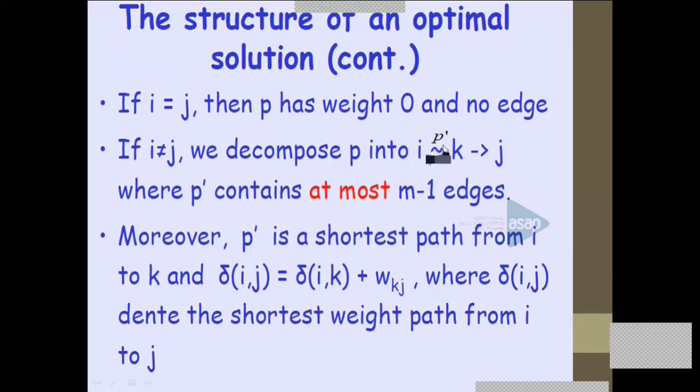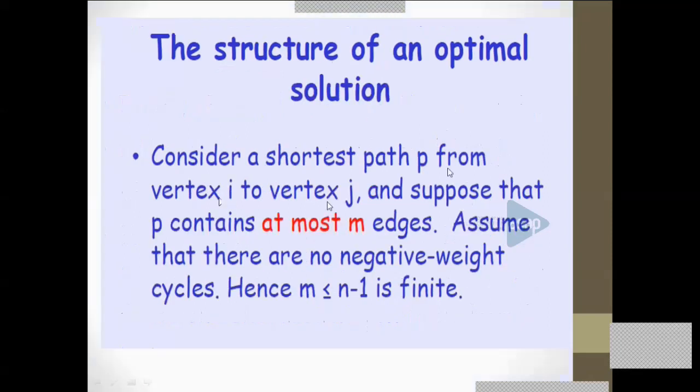This is a path consisting of many edges, and this is a direct path, K to J. And here we have formulated that from vertex I to vertex J there are at most M edges, and M will be less than or equal to N minus 1.